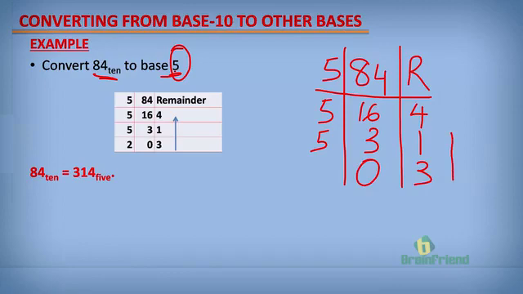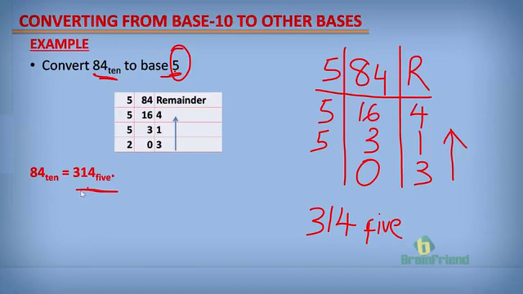So what we do next is to write down the answer from the bottom to the top. So this is 3, 1, 4. Converting 84 base 10 to base 5 is 314. And remember, as we said earlier, in a particular base, there are only certain digits included in the number system.